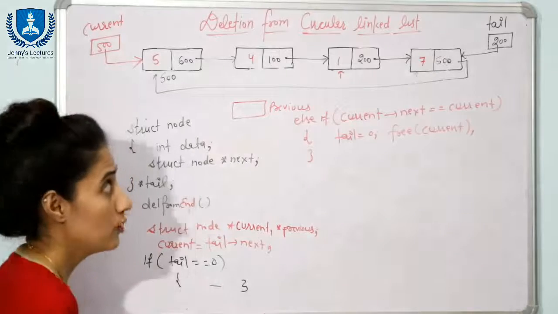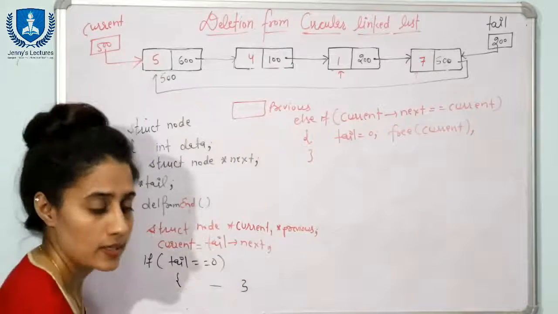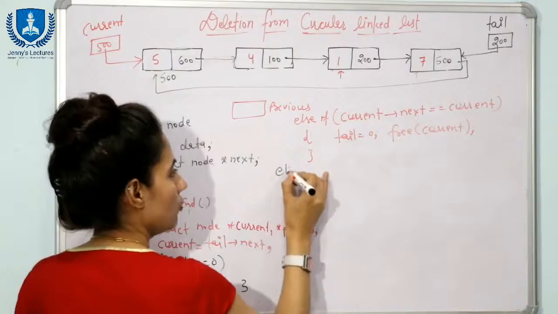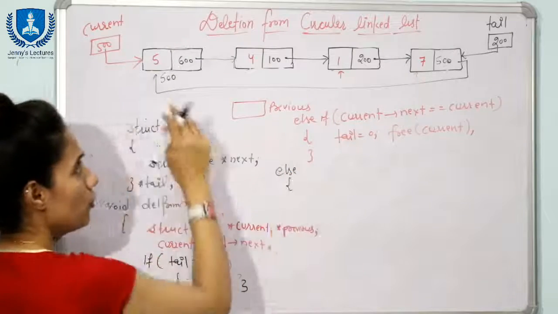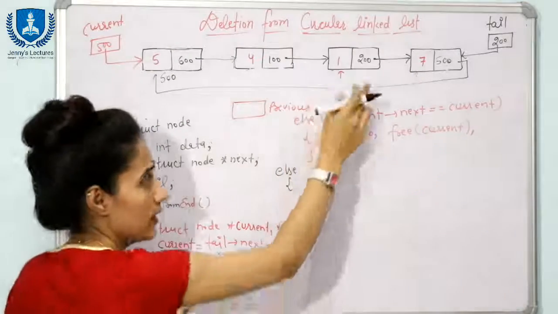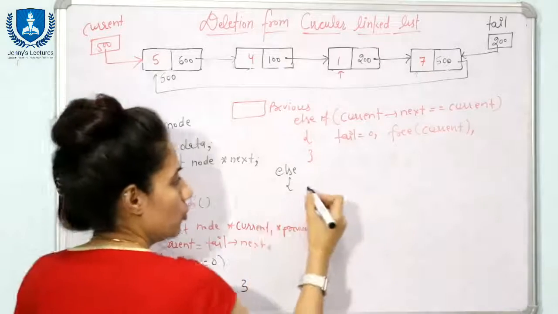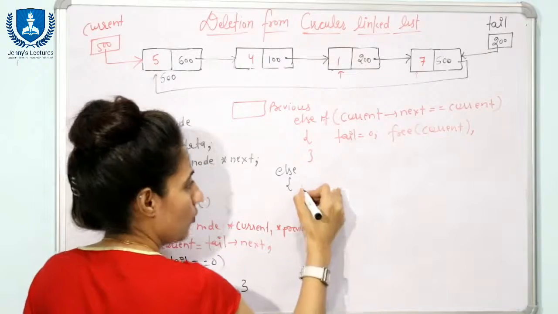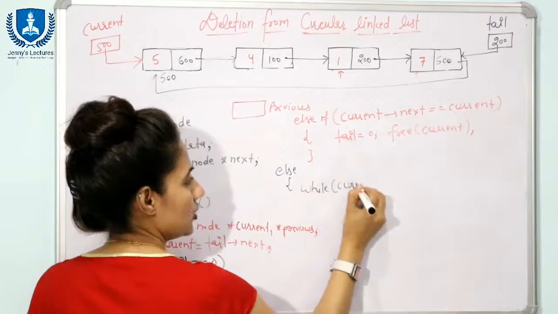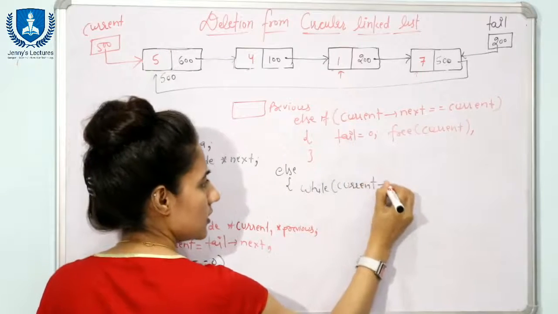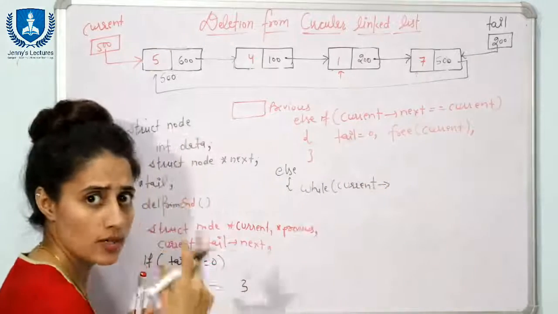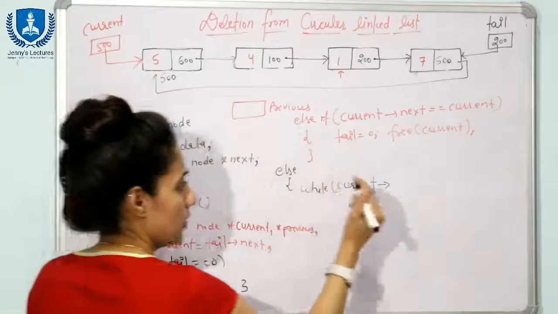But now suppose we have more than one node in the list. Now what will you do? So in the else part, what will you write? We are going to traverse the list first, till here. So you will write a while loop. While the condition is, see, this condition we have already discussed when we were discussing how to traverse the list or how to display the content of the list, right?